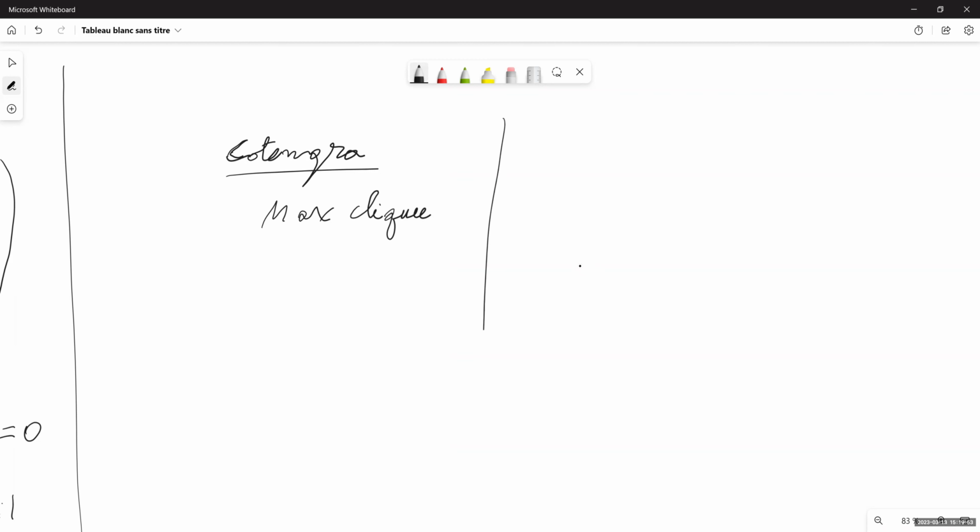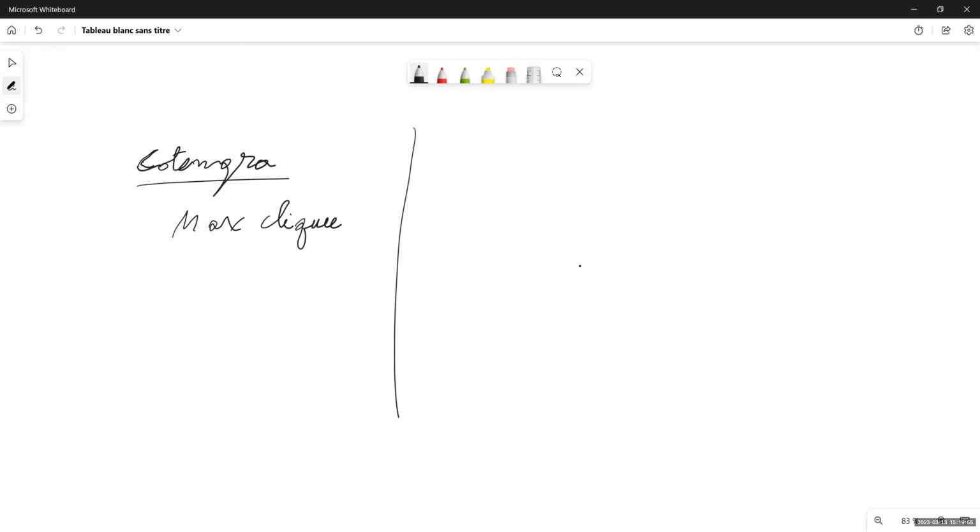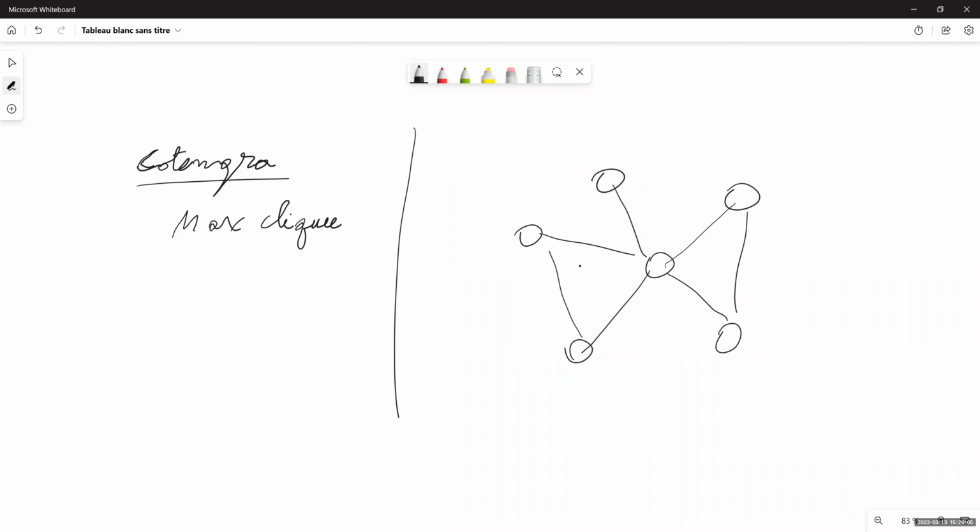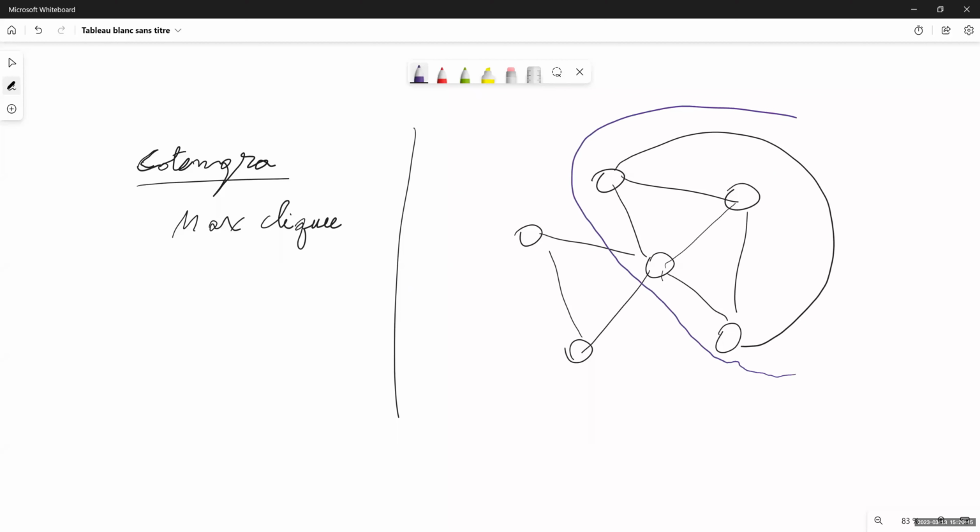What you can do is take your ZX diagram and look for the max clique in it. For example, here, I guess my max clique would be this. Yeah, this is a clique. So this is your max clique.